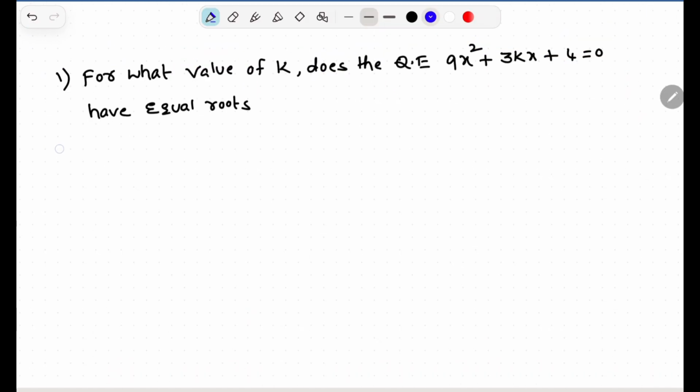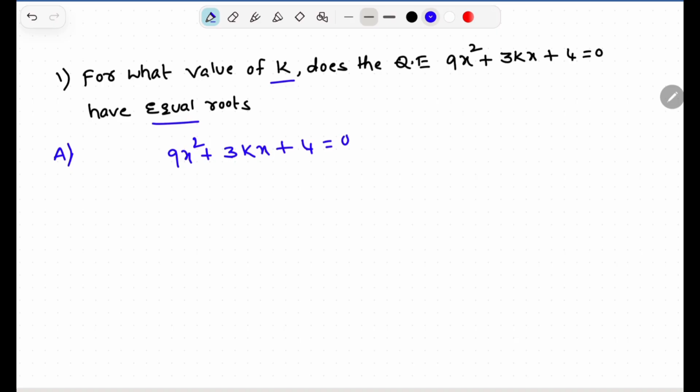Now in the given problem, for which value of k does the given quadratic equation have equal roots? First we have to write the given quadratic equation: 9x square plus 3kx plus 4 equals 0.